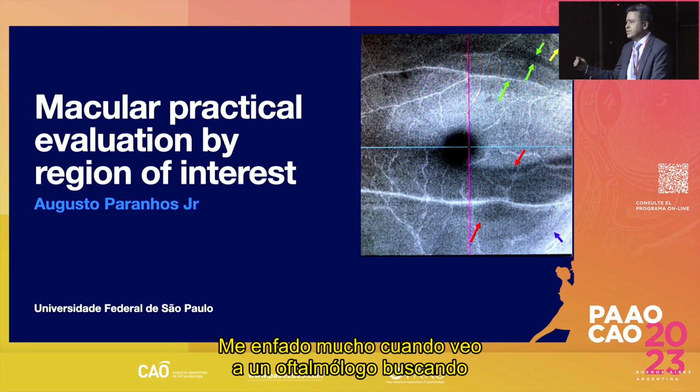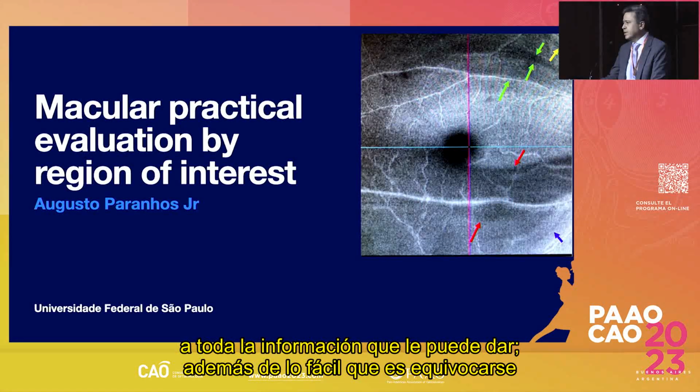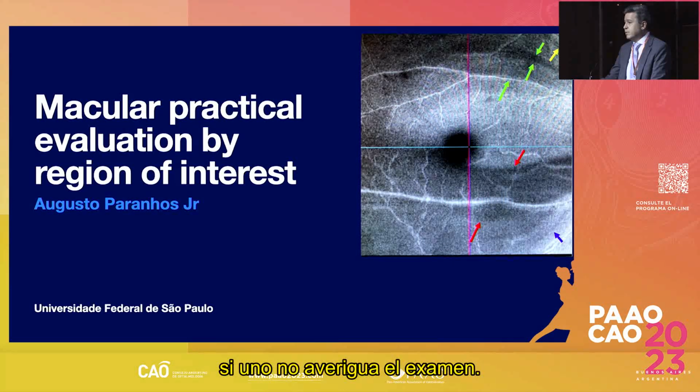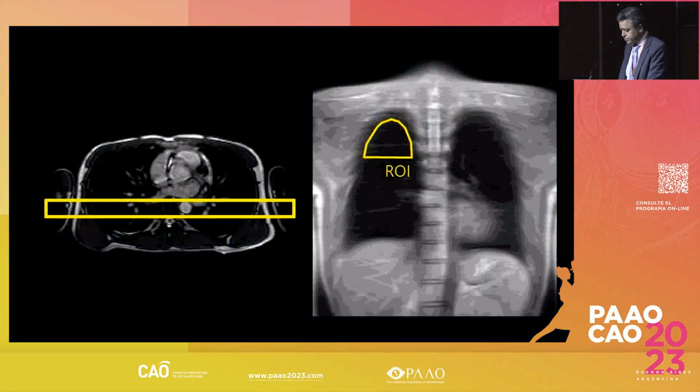I'm really upset when you see an ophthalmologist looking for the printed report of every OCT and not taking advantage of every piece of information that it can give you, and also how easy it is to make a mistake if you do not look properly at the exam. That, I think, was one of the most important things that Professor Don Hood was teaching us today.